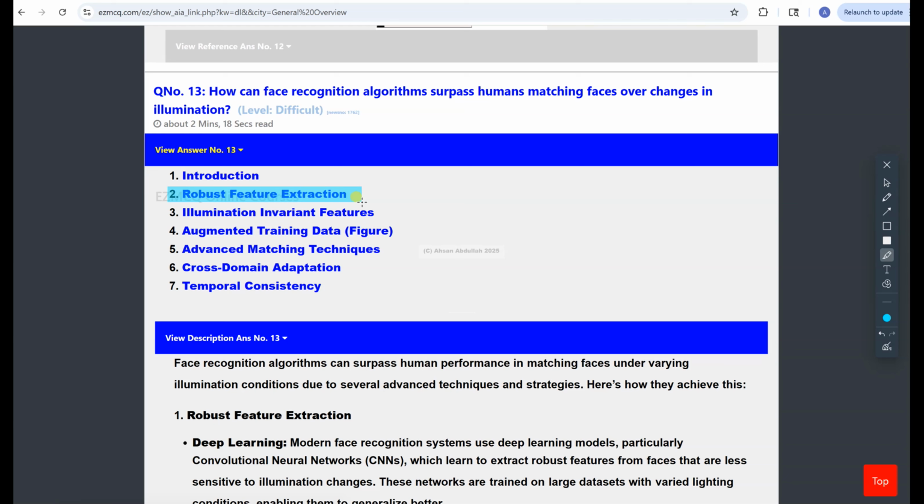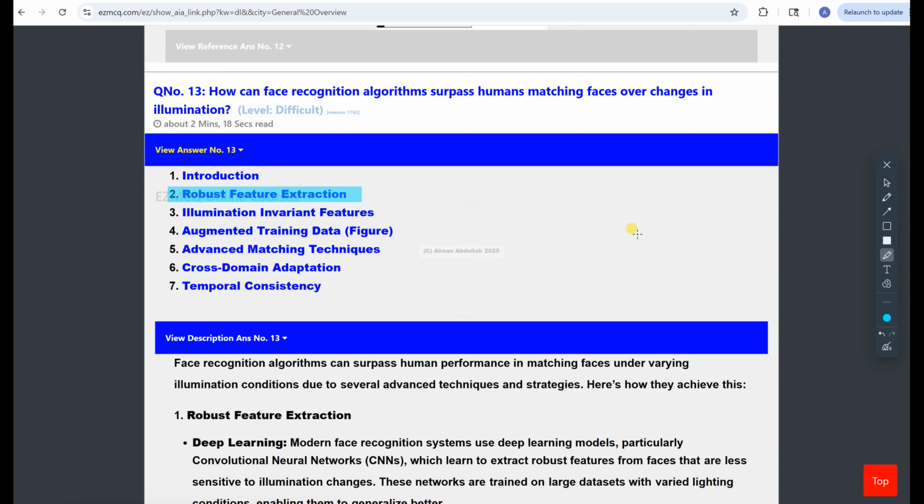What is special about those features is that they remain relatively unaffected by light changes and the angle of the light, which is not like human perception, because we struggle with shadows, glare, and contrast. So this is the robustness of reinforcement learning systems and their algorithms, which results in higher accuracy of recognizing images under challenging illumination conditions.